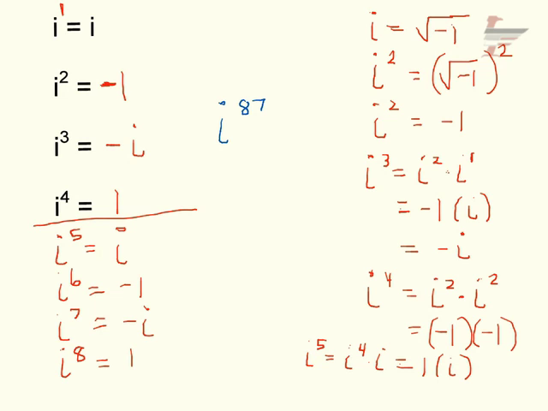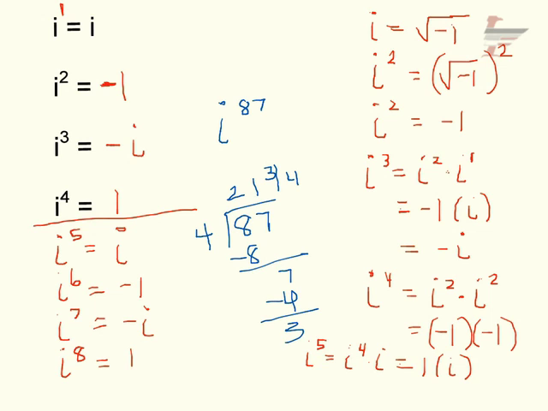So if I just take 87 and divide it by 4, that goes in there twice. 4 goes into 7 once with 3 left over, so I have 21 and 3/4. Not that you had to do long division for that, but this 3/4 means that out of the 4 numbers in the pattern, i to the 87th is going to be the third one. So that means it's going to be -i, and that's just kind of a cool, clever way.